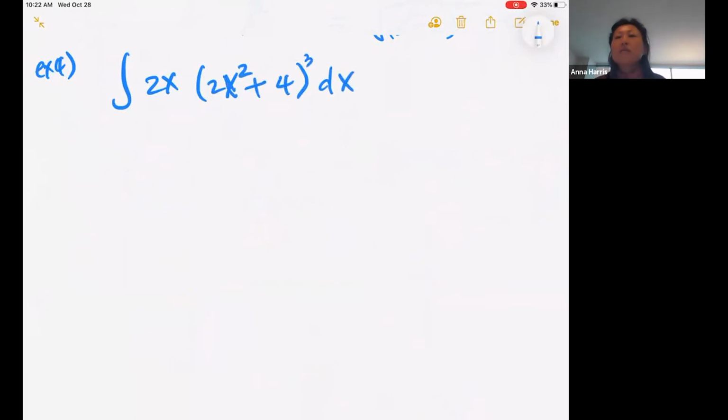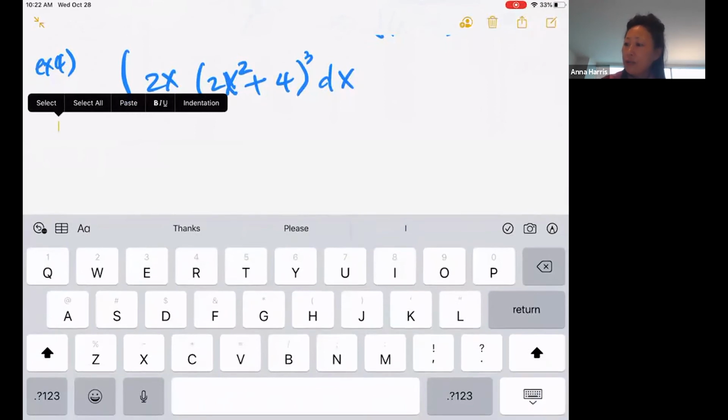All right, so you have this problem. I want you to take the antiderivative of this problem. How would you do it? The first thing first, you have to choose which one to be your u. Any volunteers to tell me what my u equals and why you're choosing that as your u?